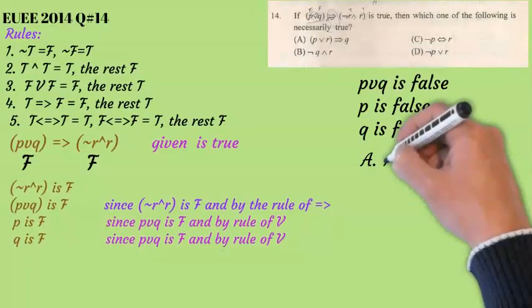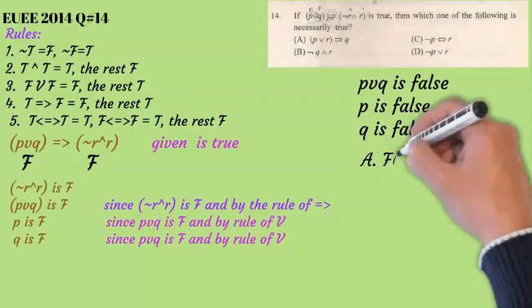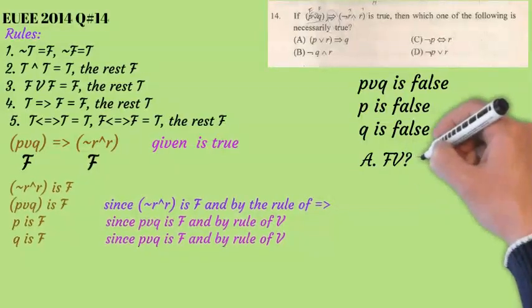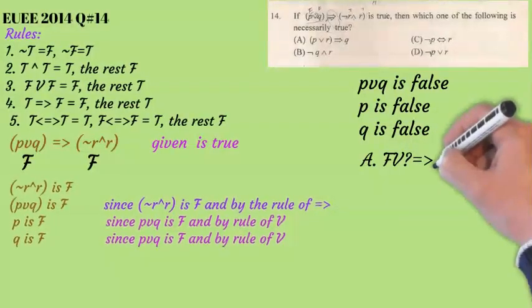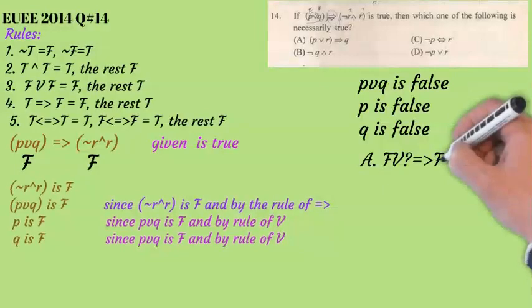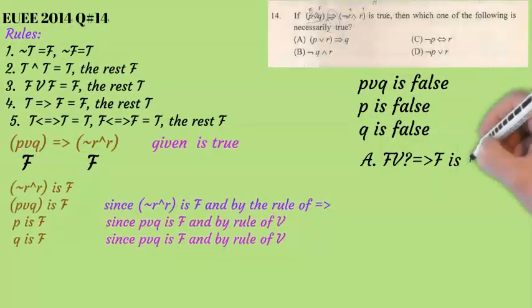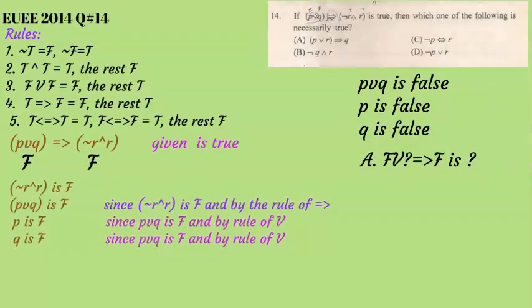So we have this as a starting point. Now let's check each of the choices up there. For A, P is already false, so I'm going to use F, and a question mark for R because I don't know what R is, implies false.